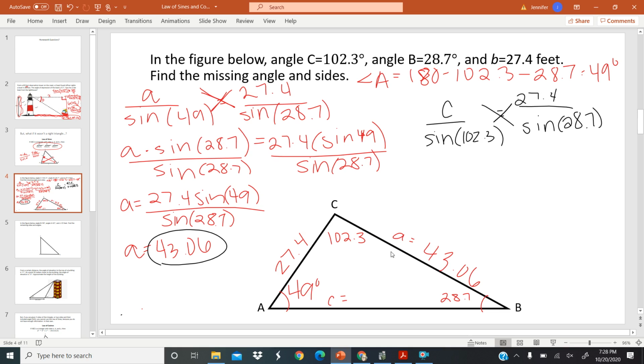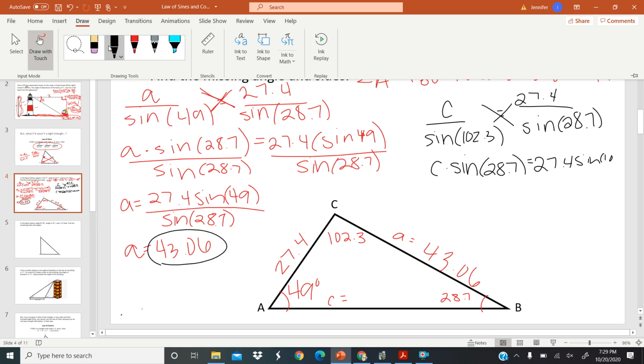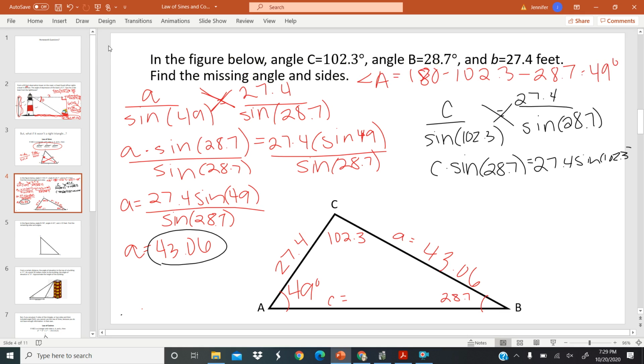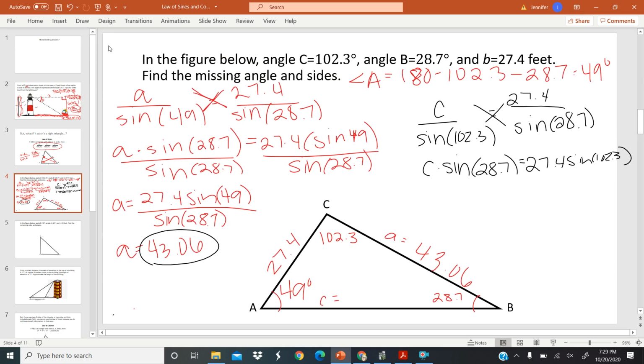And then we're going to cross multiply on this one as well. So we're going to have c times the sine of 28.7 is going to be equal to 27.4 times the sine of 102.3. And then we're going to need to divide by the sine of 28.7 on both sides.